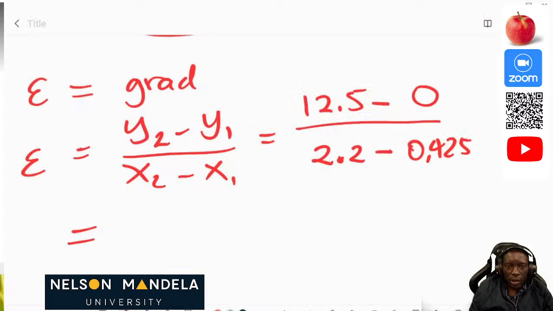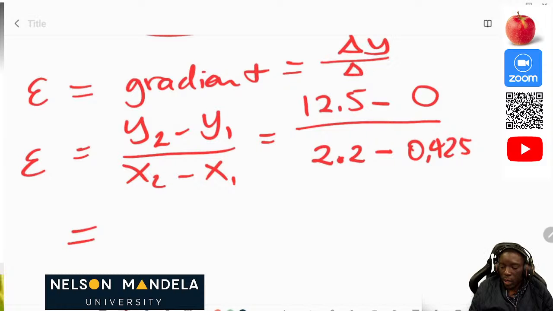We said the EMF is equal to the gradient of the graph, which is given by change in y over change in x, or y2 minus y1 over x2 minus x1. So I have 12.5 there, divided by 2.2 minus 0.425.